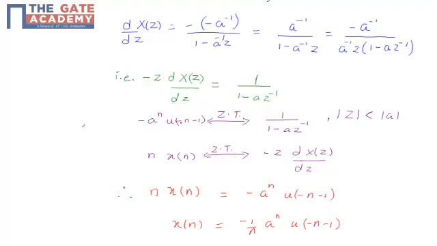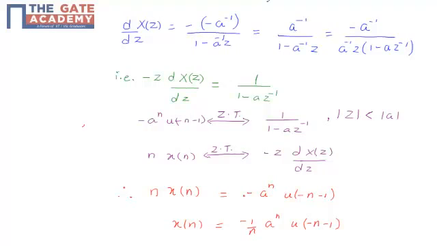Next, we have another pair: n times x of n has the z transform minus z times dX(z) by dz. Comparing these two equations, we can say that n times x of n is equal to minus a raised to n u of minus n minus 1.